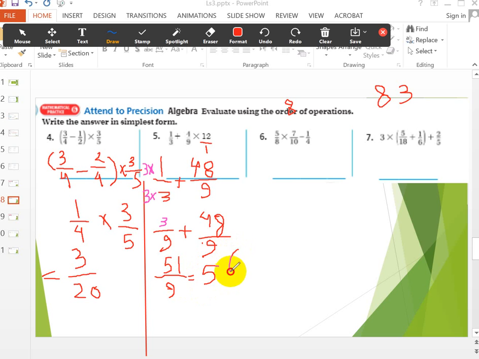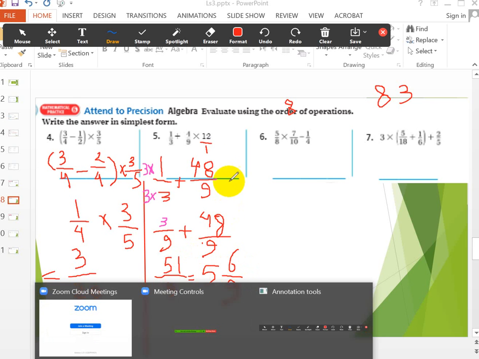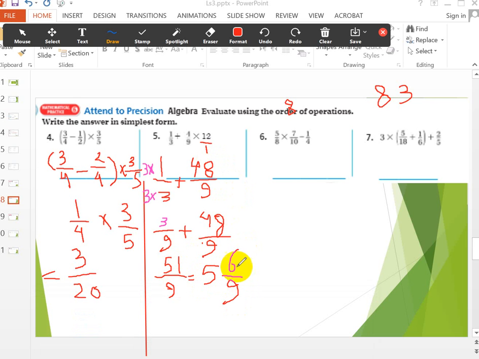As you said, 6/9. Now, also with 6/9, can I find the simplest form? There is a greatest common factor between 6 and 9, right? What is the greatest common factor? Excellent, it's 3. I can divide both 6 and 9 by 3.